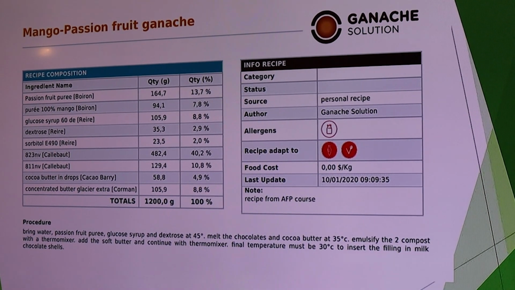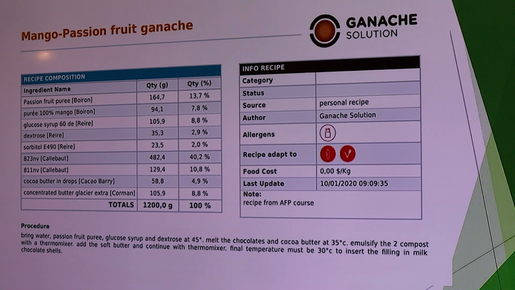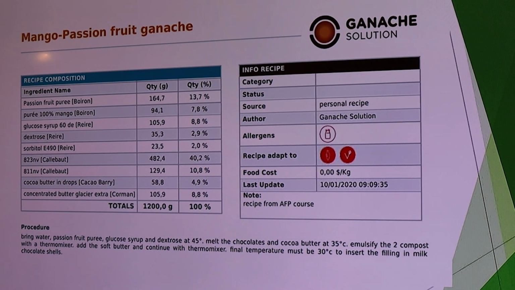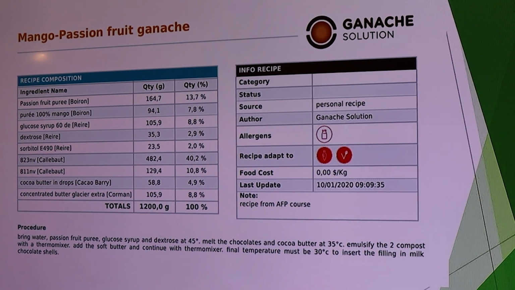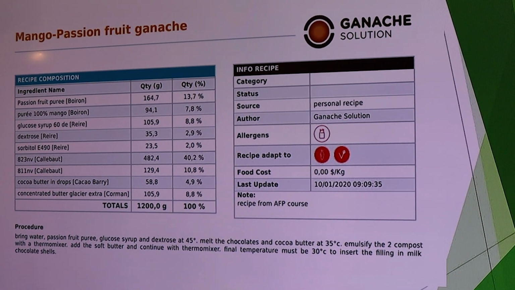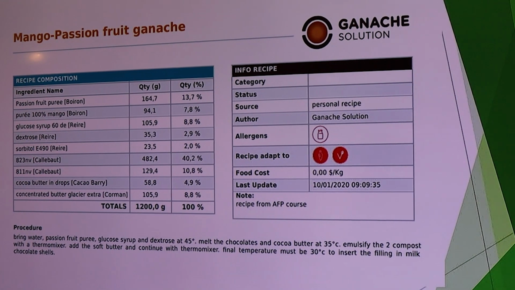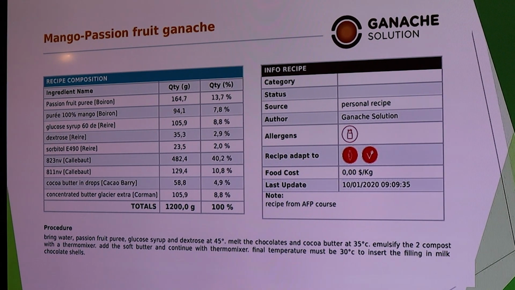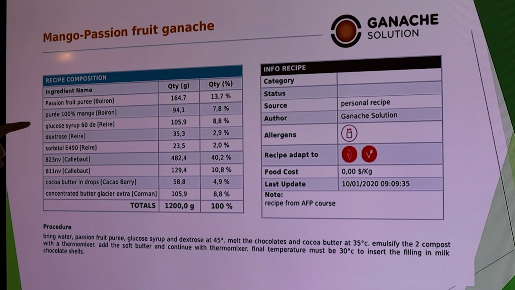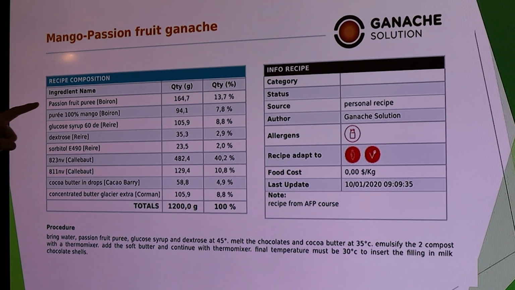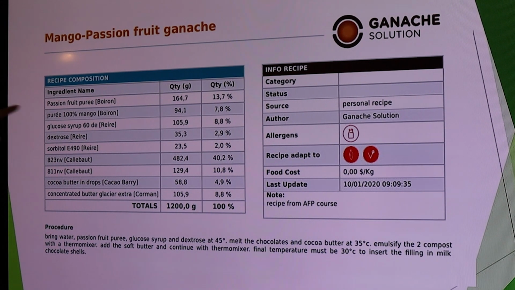And just to take an example, the program is actually built up like this, where we have the ingredients here. And as you can see, we work with quite a lot of water. The water here is passion fruit, and we also have mango.